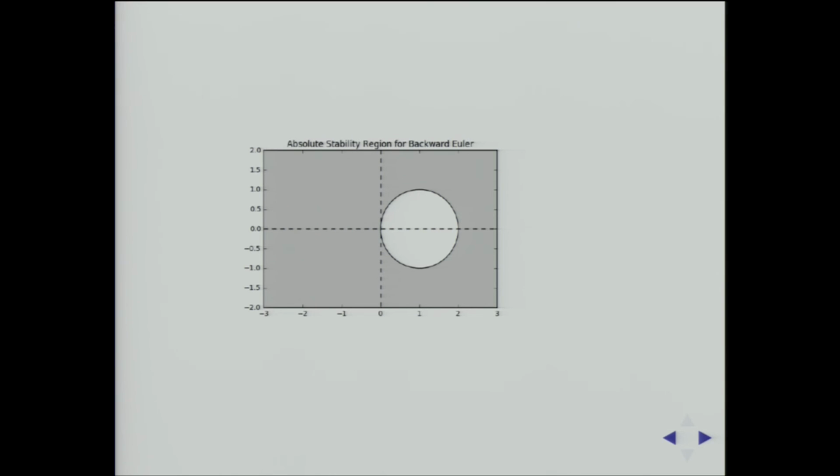This is the stability region for backward Euler. All my eigenvalues for this problem are going to be negative real numbers, so I want all of them lying on the real line, but outside this white circle.